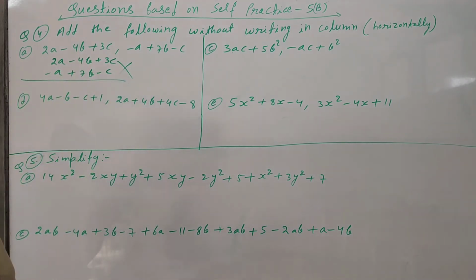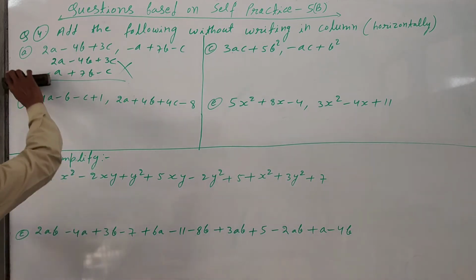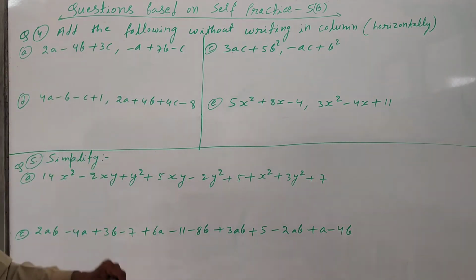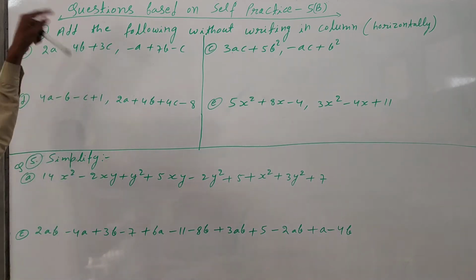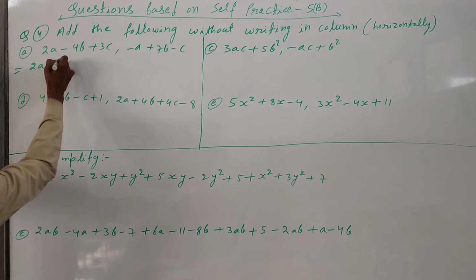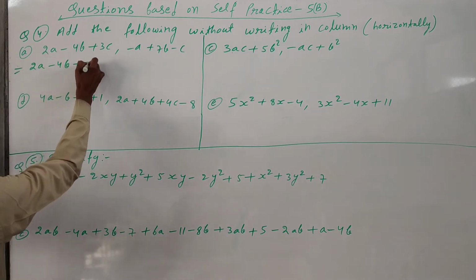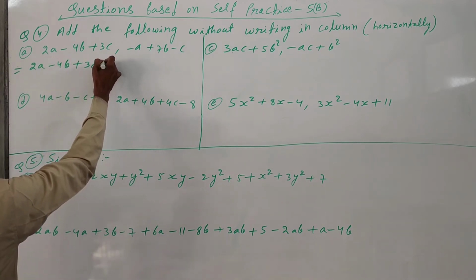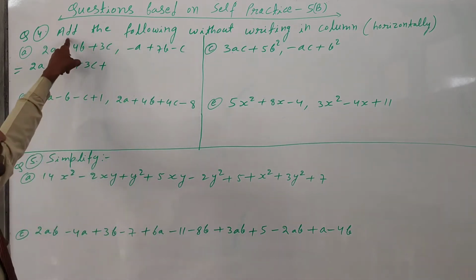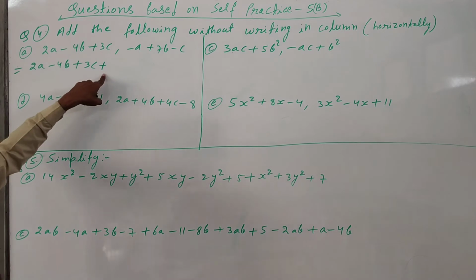For that we will add directly, horizontally, just write down and in place of the comma, put plus only. So just see here 2a minus 4b plus 3c. Write down a plus sign here because the question is asking to add. That's why I have put plus here.